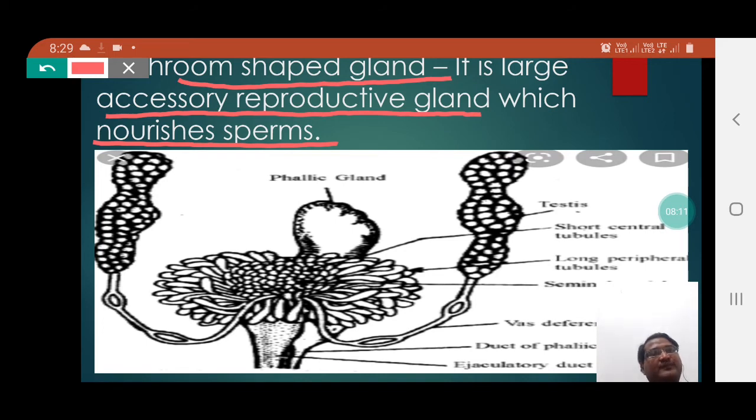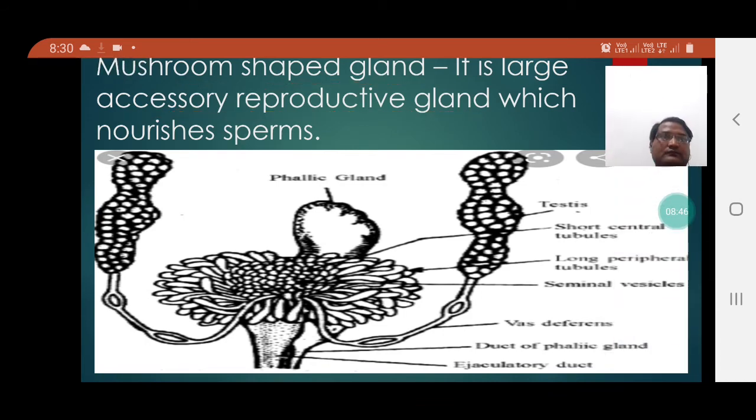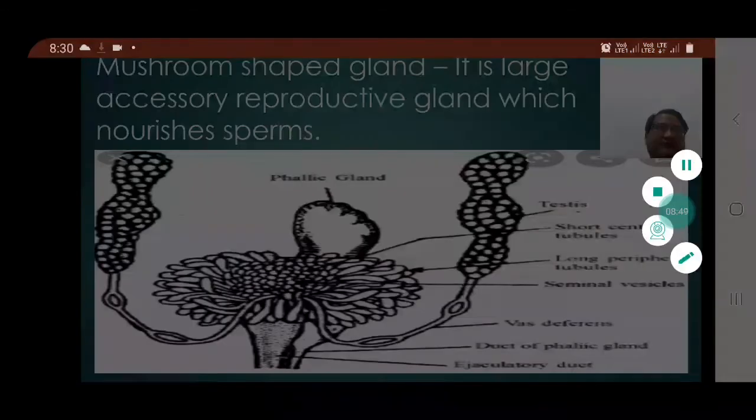The mushroom shaped gland actually is a specific gland which is made up of two different types of tubules: the short central tubules and the long peripheral tubules. Now students, both of these tubules we can easily notice in the diagram if we concentrate on it.